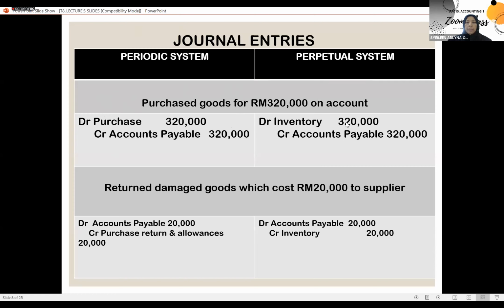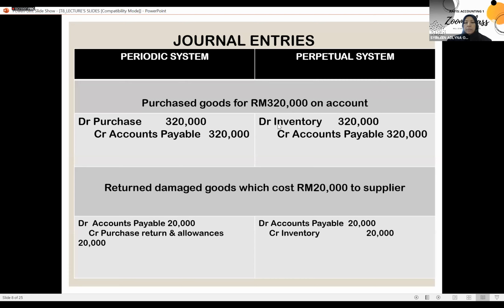Okay, tapi dalam topik 8, sebab kita dah diperkenalkan dengan another inventory system. Okay, so if the company is using perpetual system, bila dia purchase goods of 320,000 ringgit on account, instead of debiting purchase, kita akan directly debit the inventory account.